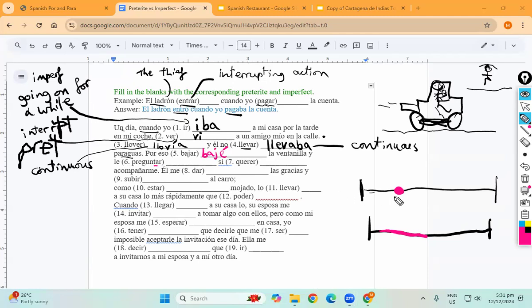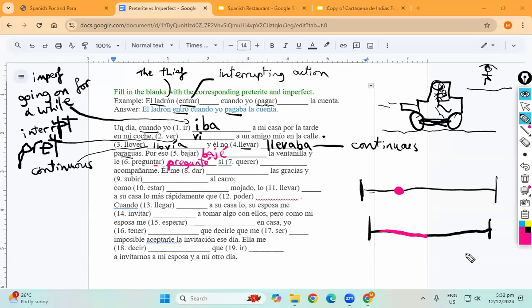So preguntar, is this preterite or imperfect? I asked him, it's done. If I wanted to say I was asking him if he wanted a ride when the tree fell on my car, then I was asking would be imperfect. But I asked him, so le pregunté, right? Now what we're doing with querer. Is the querer imperfect or preterite? If he wanted, is it a single action or is it going on for a while?